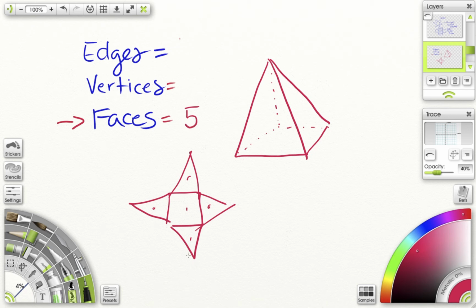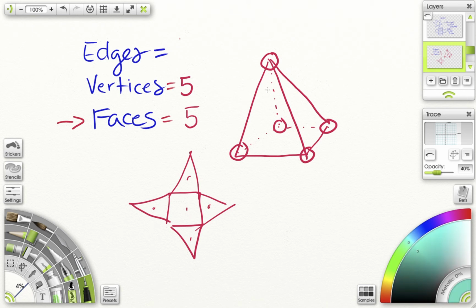There we go. Vertices are the corners. I can see that clearly from my drawing here. So there's one corner up here, 2, 3, 4, and 5. So we have 5 vertices. How many edges?